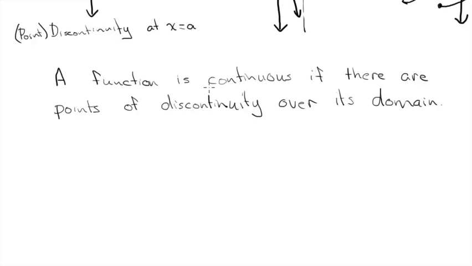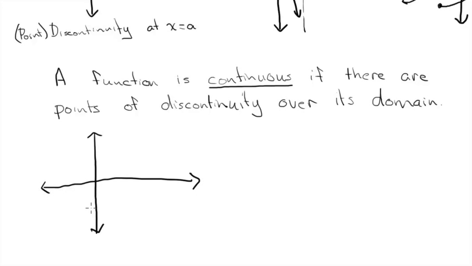So that's our definition of continuity. And again, it's just a sort of informal, general guideline of what it means to be continuous. When we get to calculus, we'll come up with a much more technical definition of continuity.